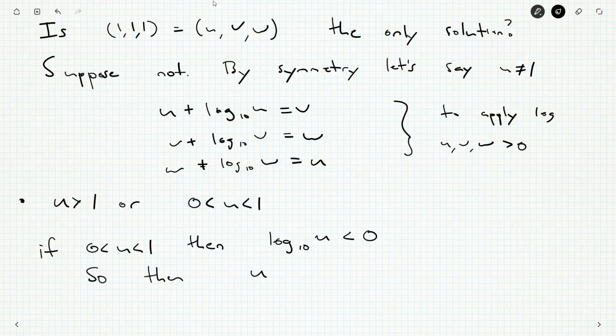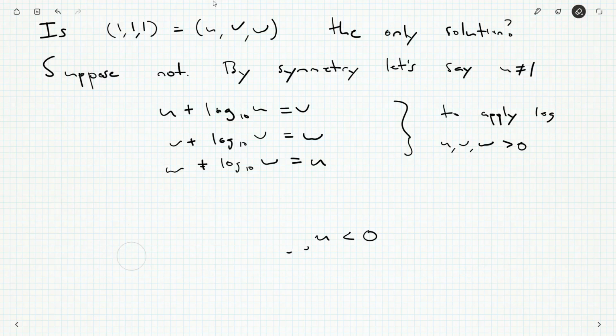So then u plus log base 10 of u equals v implies that u is greater than v. Because all these equations can be, yeah. I think there's a better way to say this.